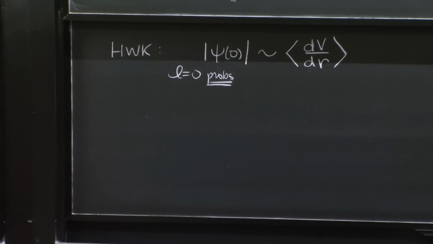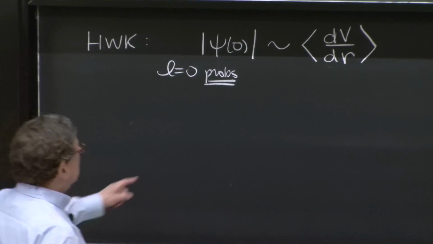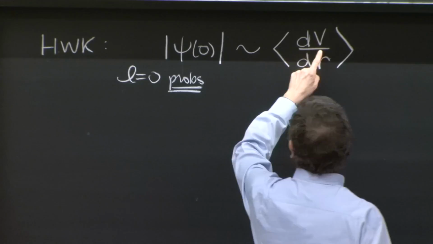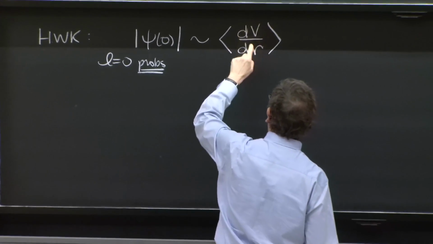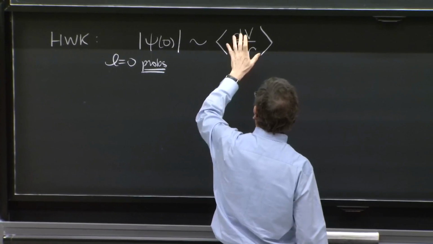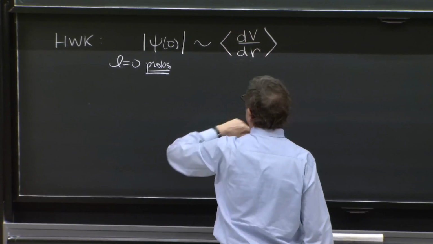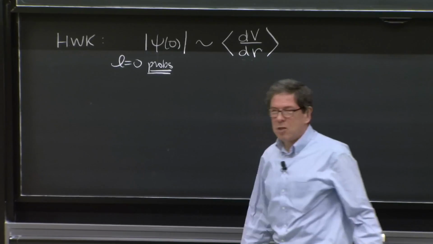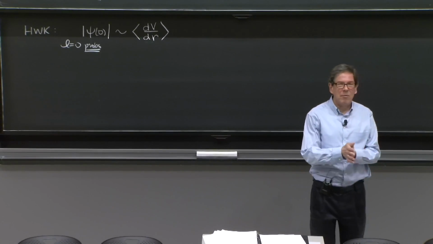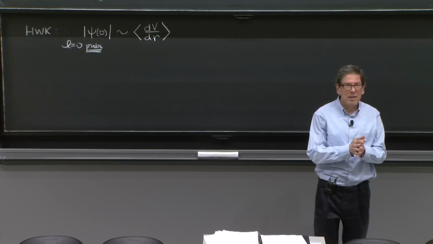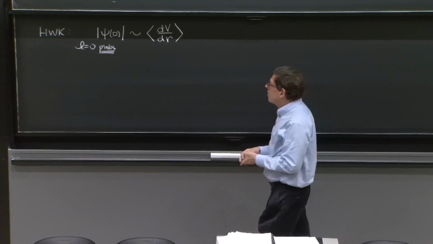This potential, of course, is the 1 over R potential in our case, and the derivative means that you need to evaluate the expectation value of 1 over R squared in this state. But the expectation value of 1 over R squared in the hydrogen atom is something you've already done in the previous homework. Not that difficult.